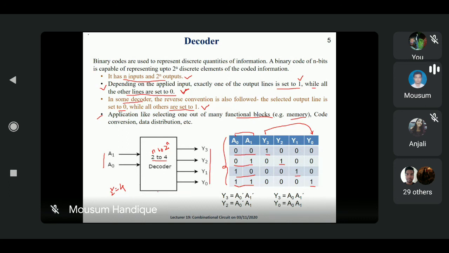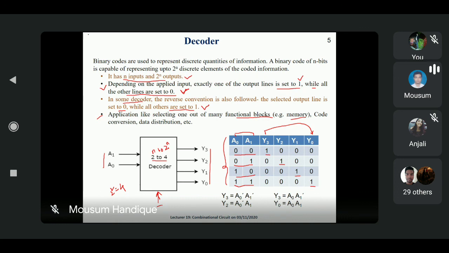Generally, the standard is only one particular line, and this line is called the enable input or enable line, E-N-A-B-L-E. Why is this particular line necessary and required? Because normal inputs are there and outputs are there, but this line is called the enable input or enable line.